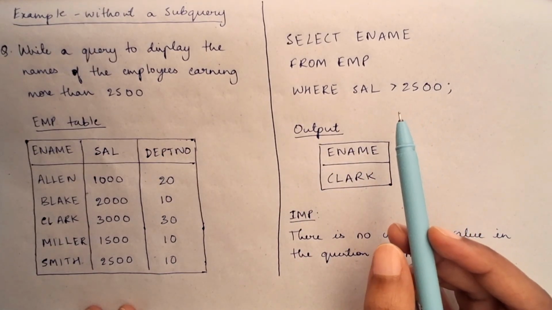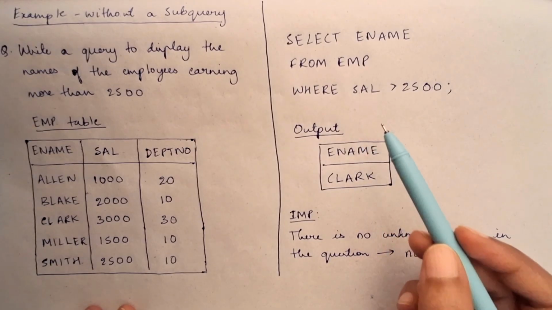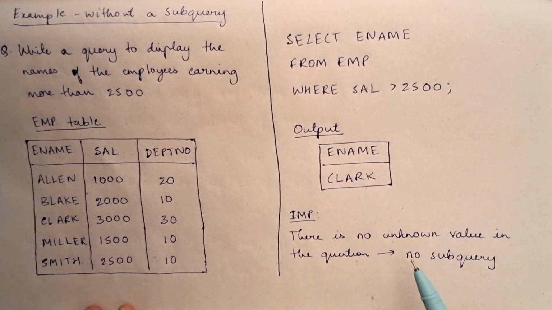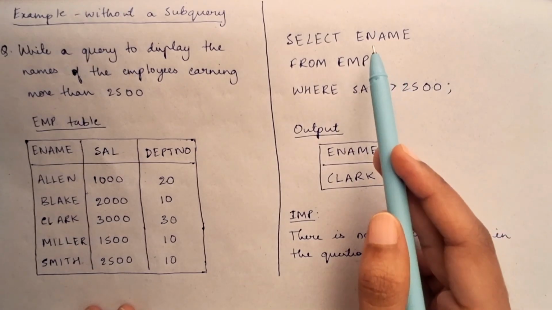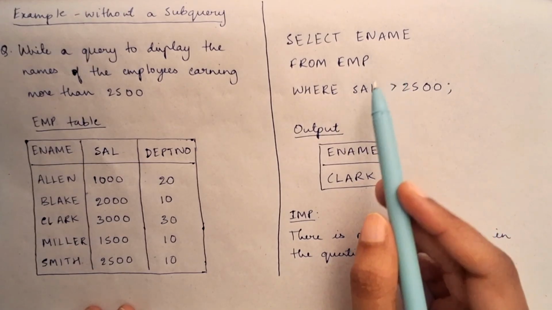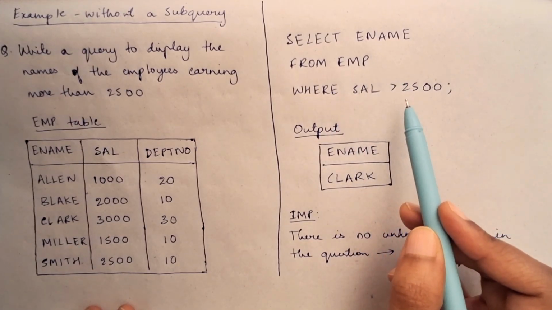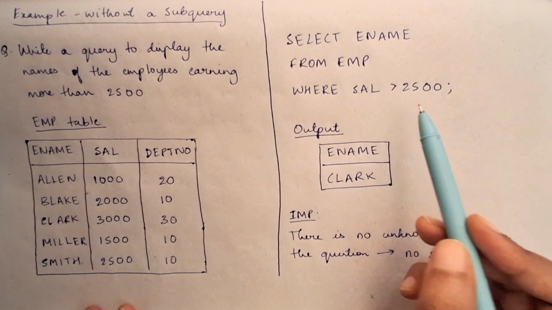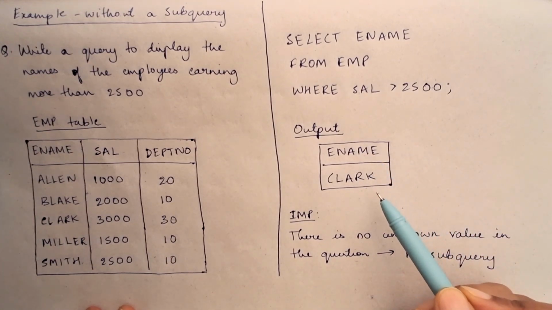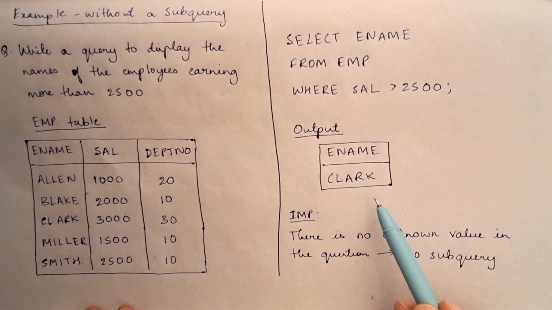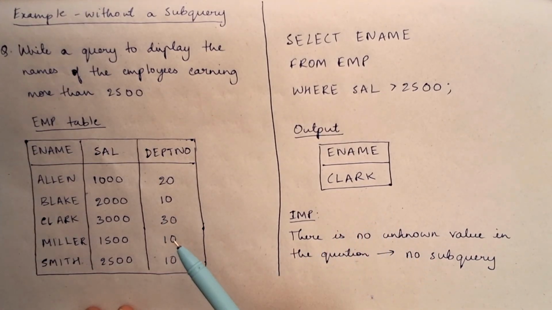So here we do not need a subquery because there is no unknown value, guys. We can simply write a query that selects the employee name where salary is greater than 2,500. This will return all the employees whose salary is more than 2,500, that is Clark. So this is a simple example where we directly use a condition in a query.